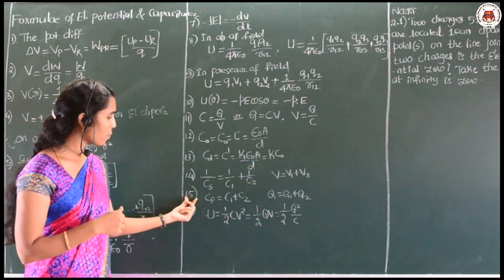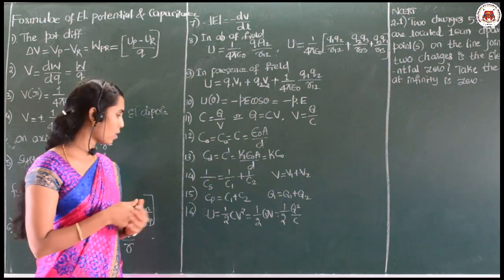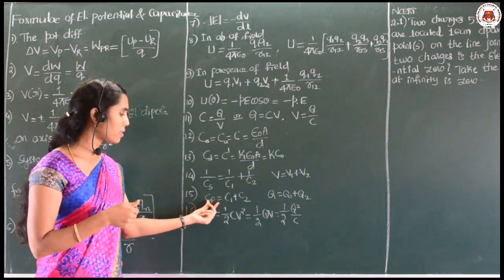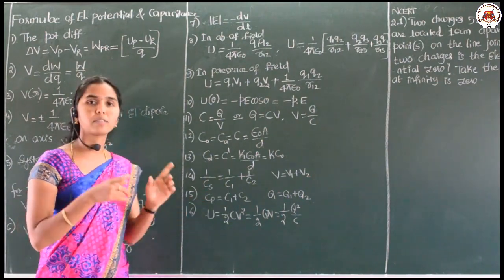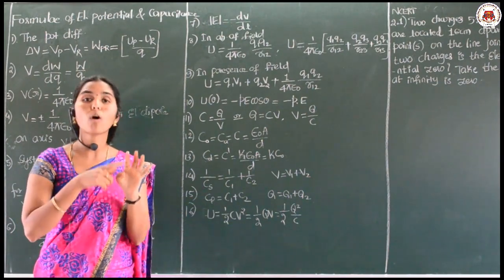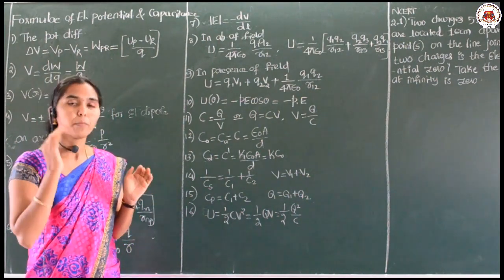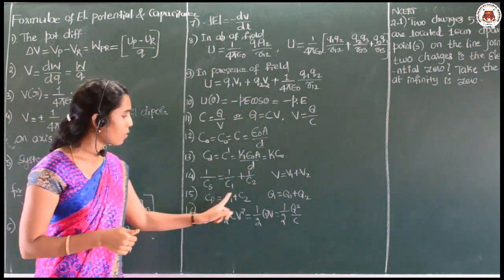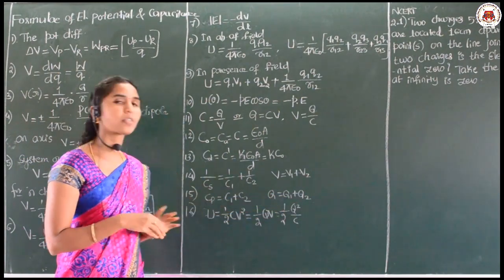Moving to the next, if the capacitors are connected in parallel combination, then Cp = C1 + C2, right. Cp is the effective or equivalent or total capacitance in the parallel combination, and the charge is Q = Q1 + Q2.